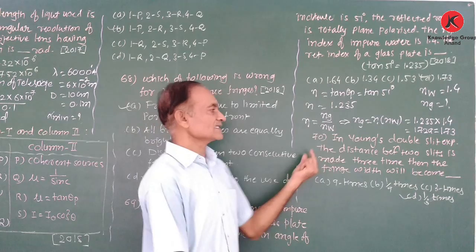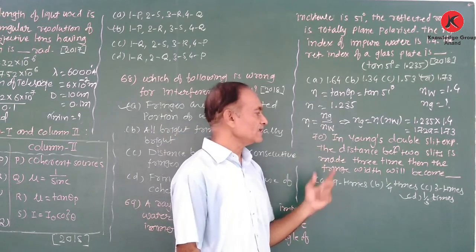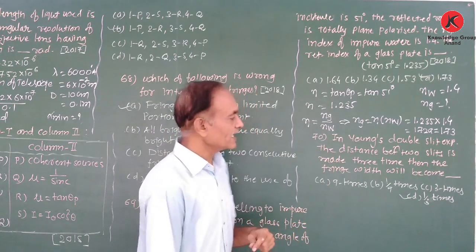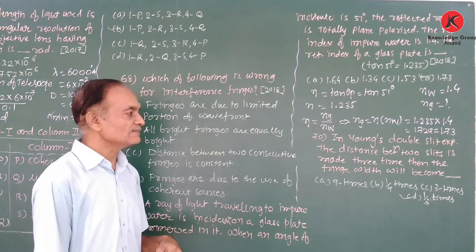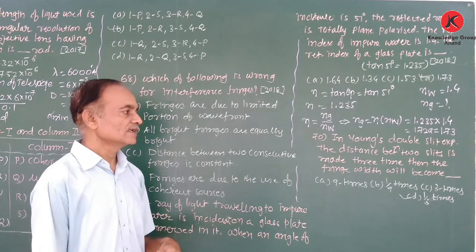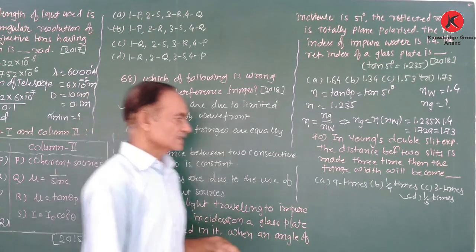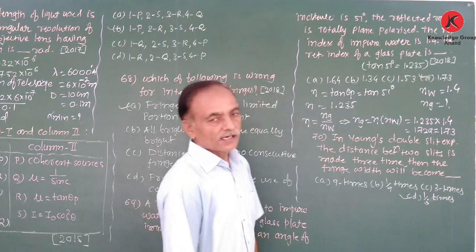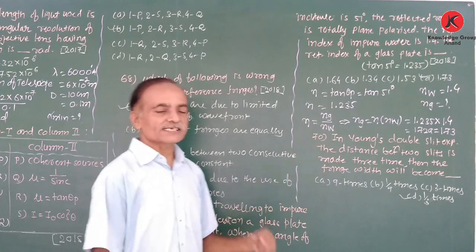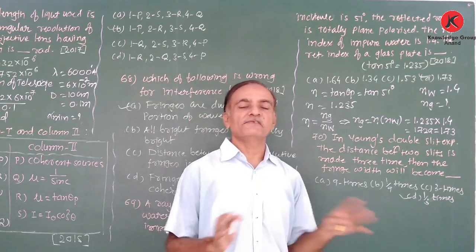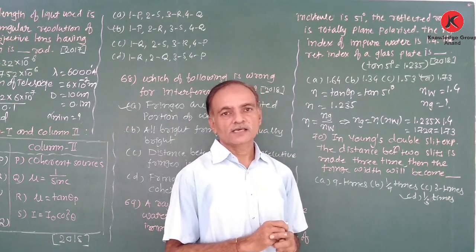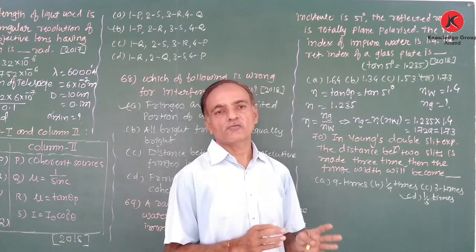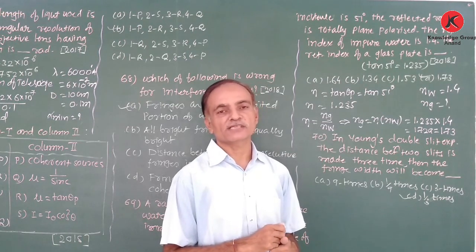After that, next: in Young's double slit experiment, the distance between the two slits is made 3 times. Then the fringe width will become smaller. Now here, in Young's double slit experiment, we increase the distance between the slits. So, what should be the width of the fringes obtained on the screen?